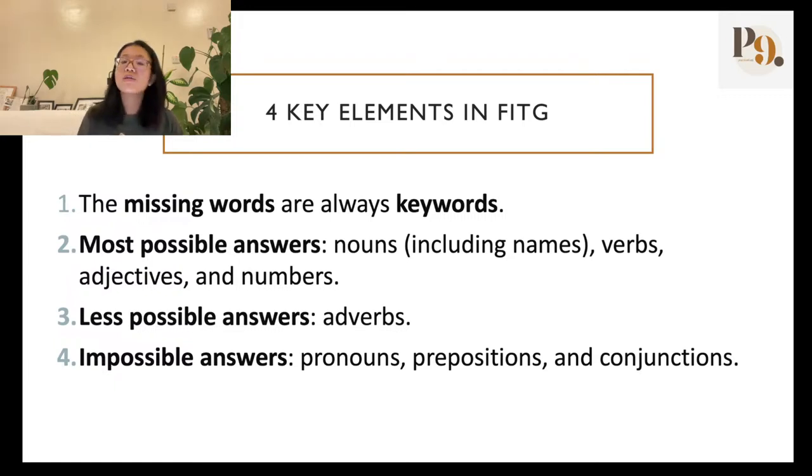Words that you see in the questions are probably non-existent in the text. So if you are heavily dependent on the keywords, you will not find the answer. You need to find the synonyms of the keywords, and for that reason, you need to find the meaning of the question. You are not going to find the words, you're going to find the meaning of the sentence in the text.